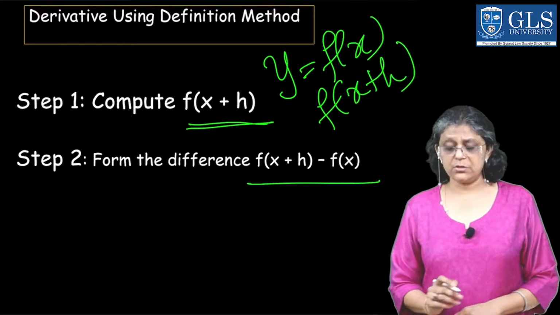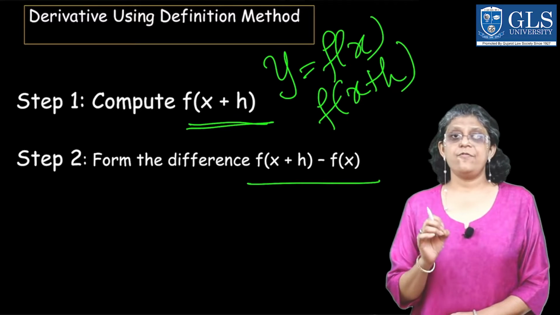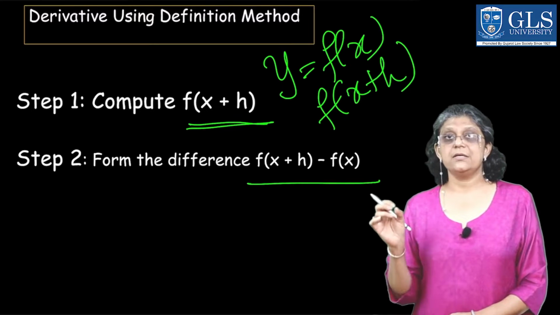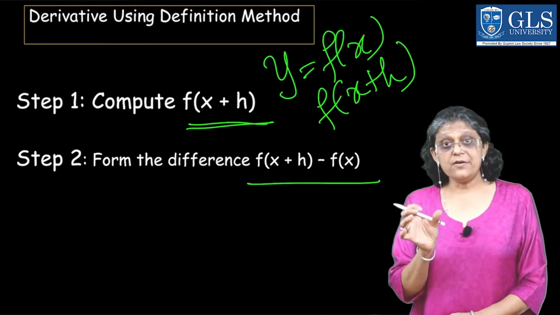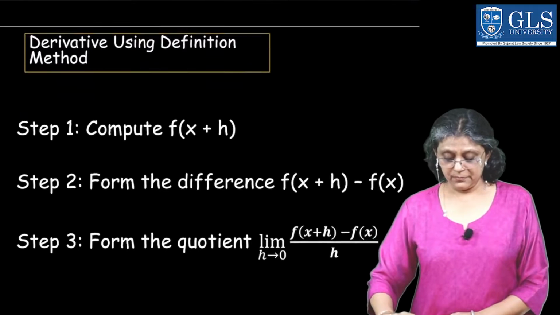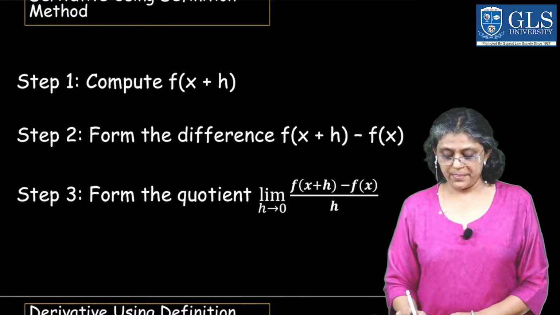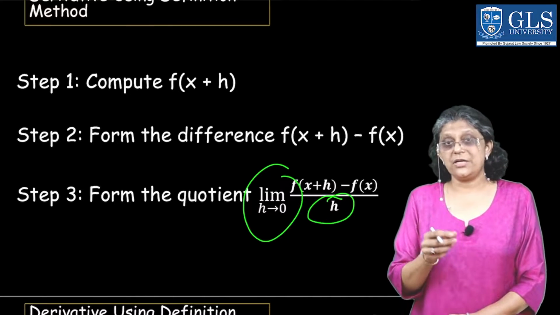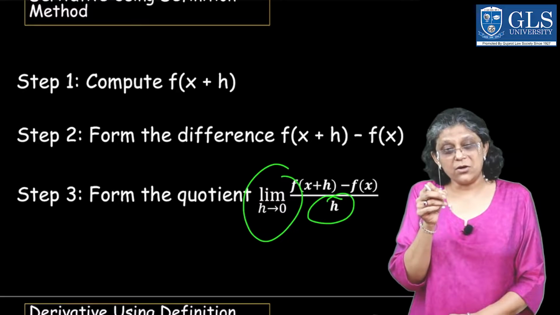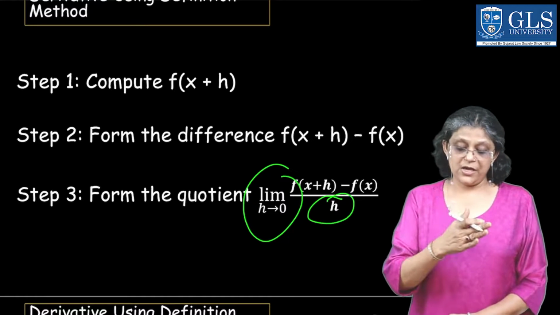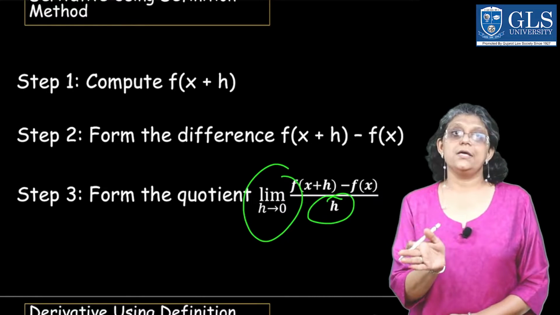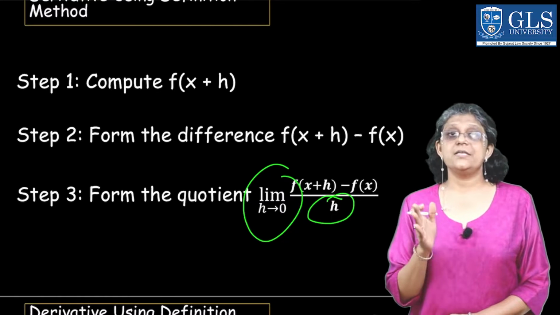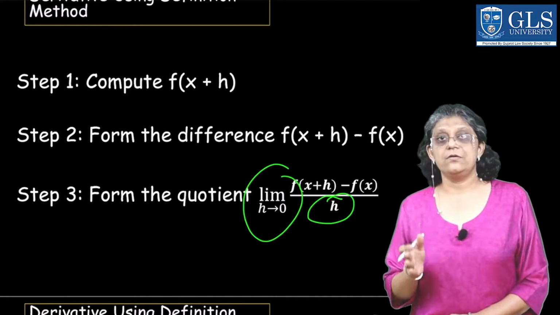Then we find the difference f of x plus h minus f of x. Whatever difference comes, I will divide it by h, and then put the limit h tends to 0. That means the change is not 0 but very near to 0, in the increasing and in the decreasing order of a particular value of h.